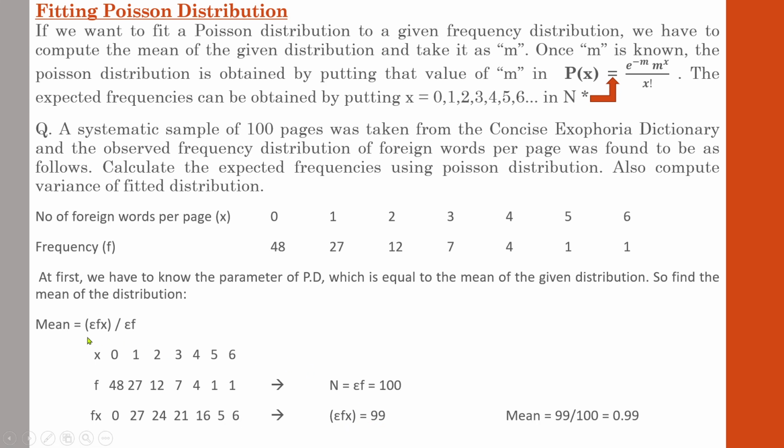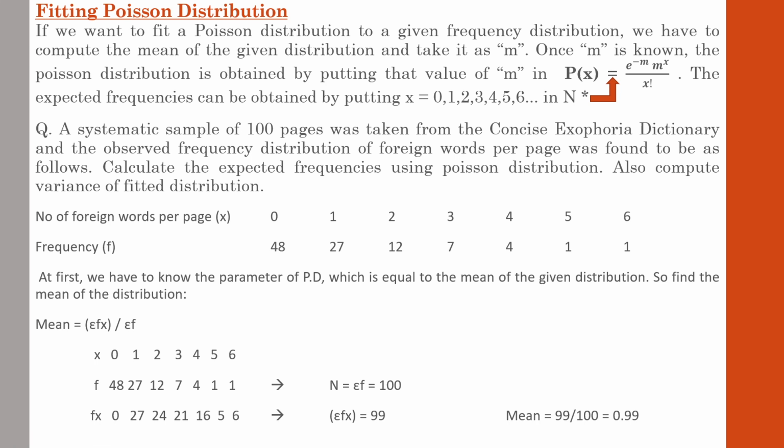The mean is sigma fx divided by sigma f, so 99 divided by 100. So the mean of this distribution is 0.99. So we have found m.